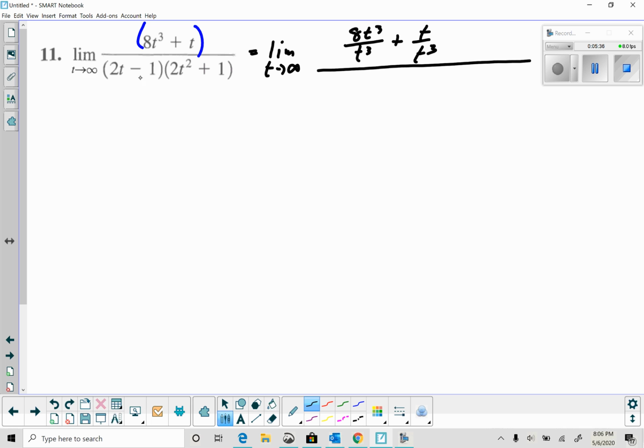For my denominator, the first set of parentheses, the highest degree term there is only t to the first. So I'm going to take that 2t and divide by t, minus 1 over t. And for the last group, the highest degree is t squared, so that's what I'm going to divide by.